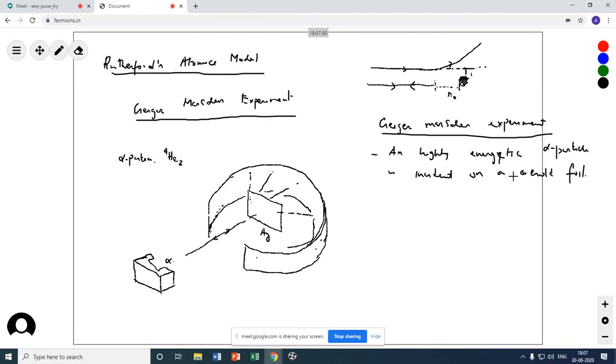A screen is placed around it, which is nothing but a photographic plate. Understand? Yes, sir.